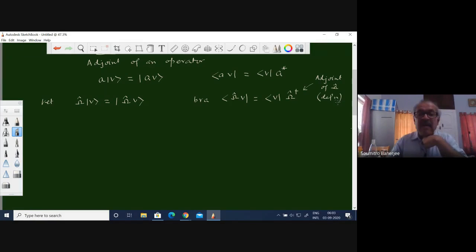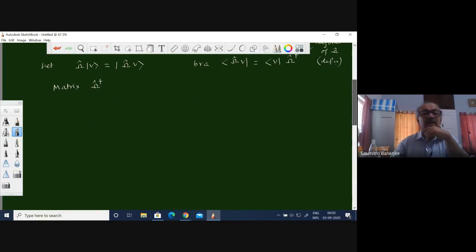Okay. Now we need to find out what this matrix is, assuming that we know what the omega matrix is. That means if we know the ijth element of the omega matrix, we are trying to find out the ijth element of the adjoint of omega.